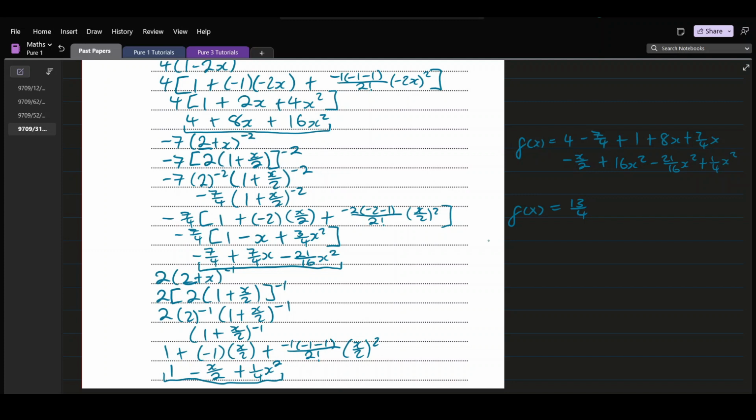That gives us 37 over 4 x. And then the terms in x squared, that's 16 minus 21 over 16 plus 1 over 4. And that gives us 239 over 16, and that's x squared. And this would be our final answer.